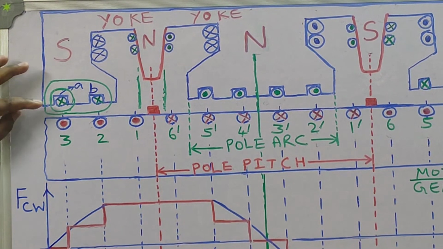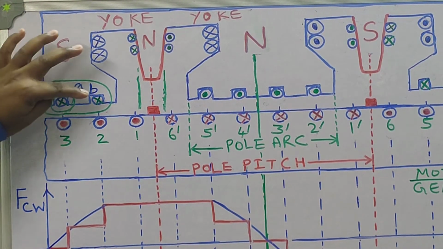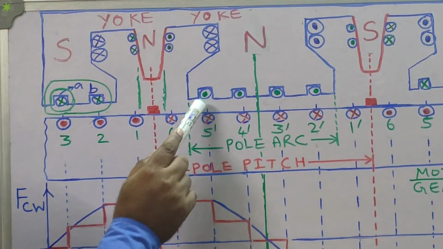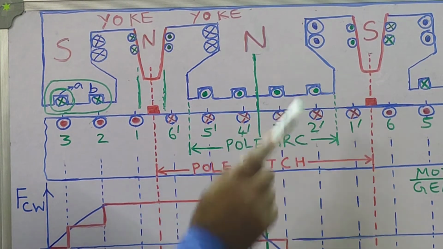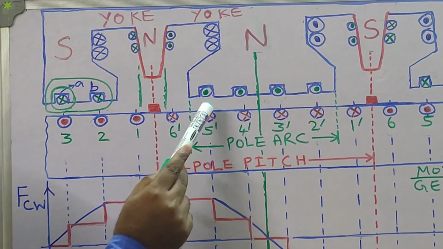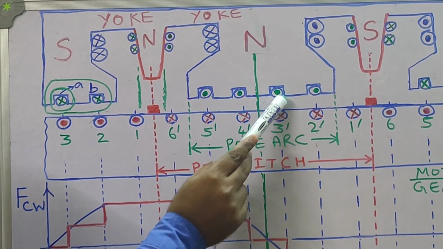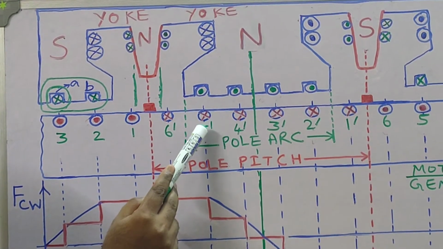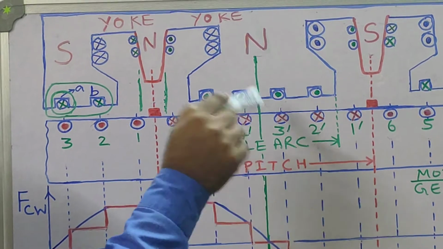So accordingly, the MMF due to the compensating winding conductors should also change, so as to ensure that the compensating winding conductors' MMF is cancelling the armature conductors' MMF under the pole faces.